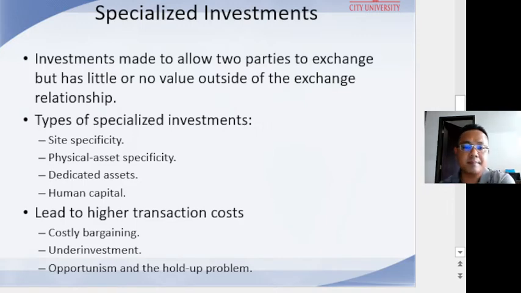A similar problem exists with other types of specialized investment. For example, if an input supplier must invest in a specific machine to produce an input used by a particular buyer, let's say physical asset specificity, the supplier may invest in a cheaper machine that produces an input of inferior quality.